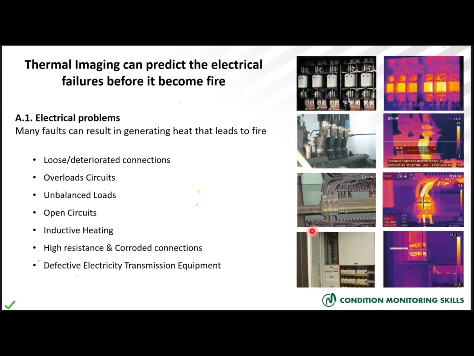Each of these types of defects and how to differentiate between them is usually covered in the infrared thermography category 1, category 2, and category 3 courses.